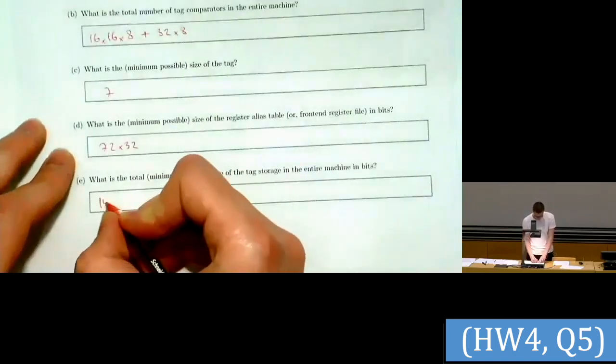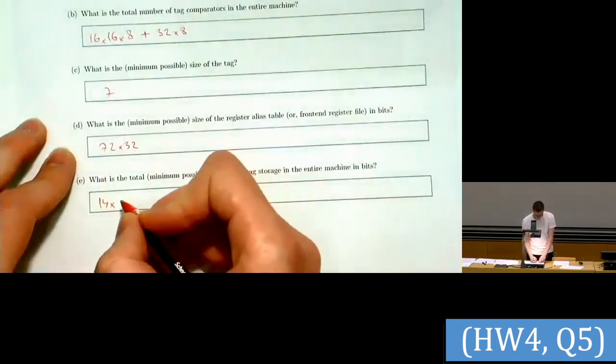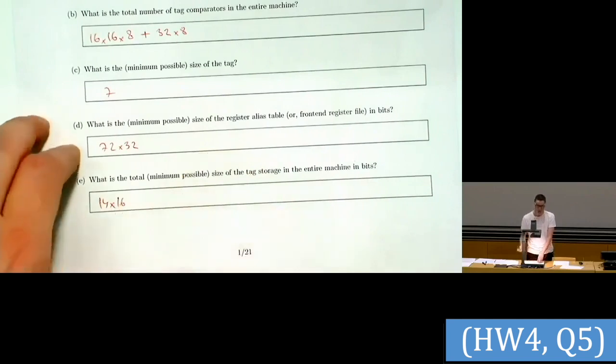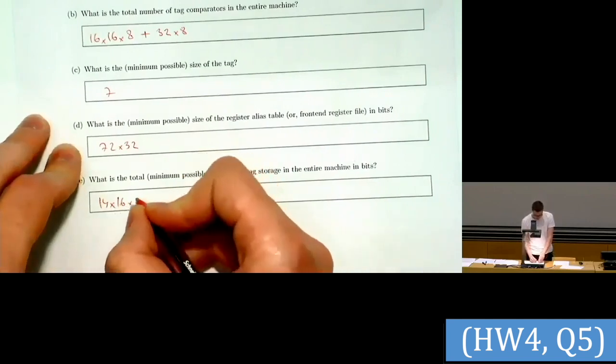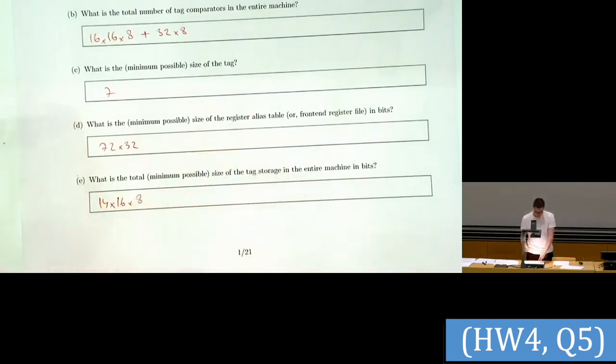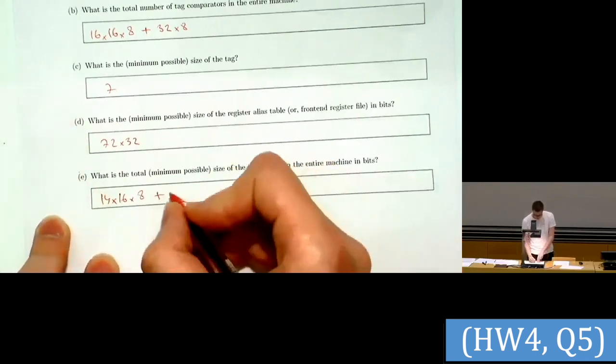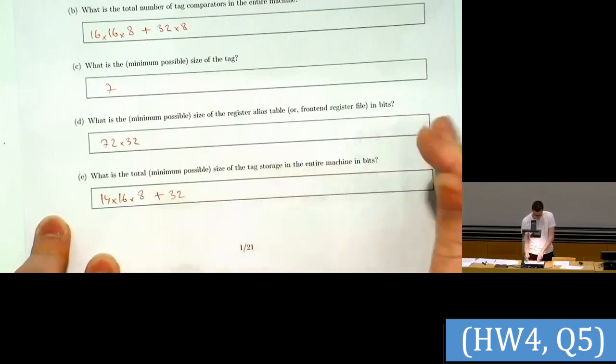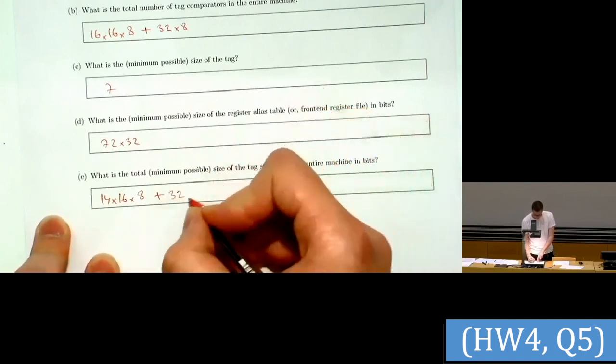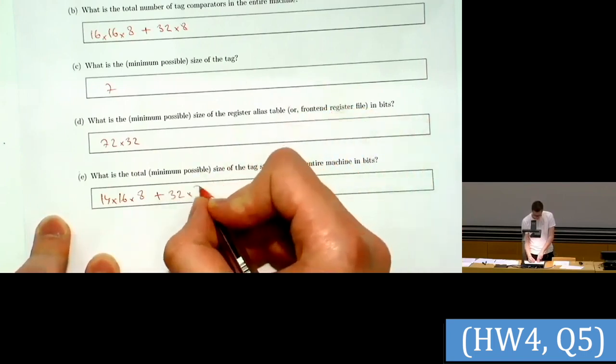So it is 14 multiplied by 16 because we have 16 entries per reservation station, and there are 8 of them, right? This is the tag storage for the reservation stations plus the tag storage for the register alias table, which is 32 multiplied by 7, right?